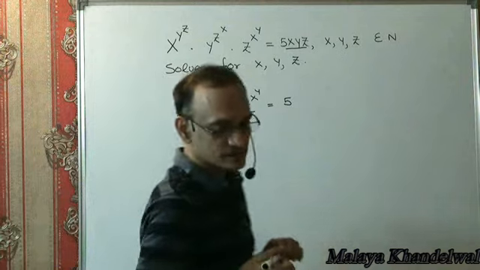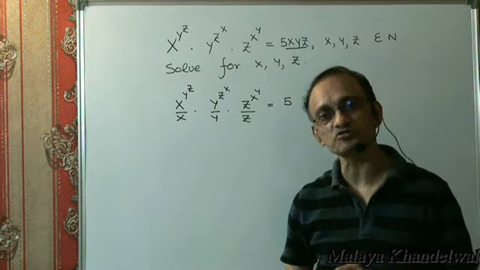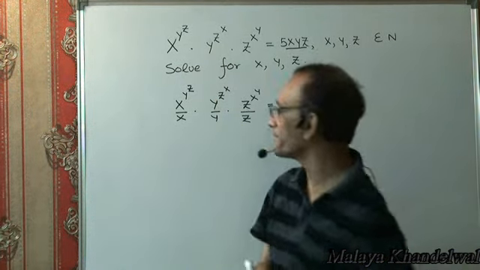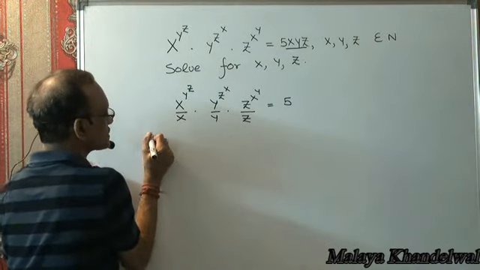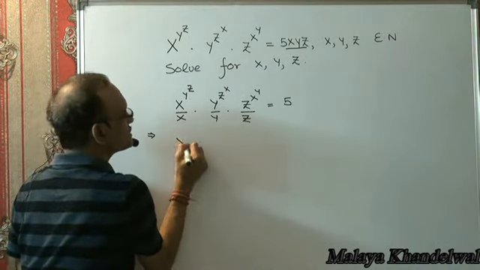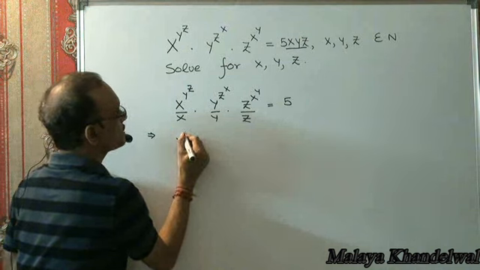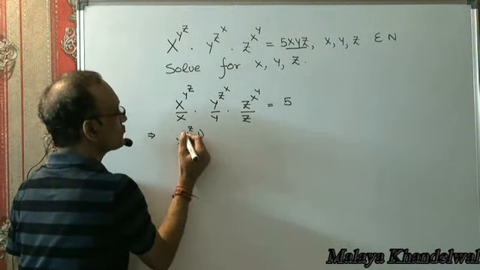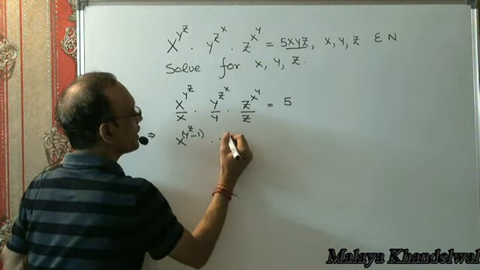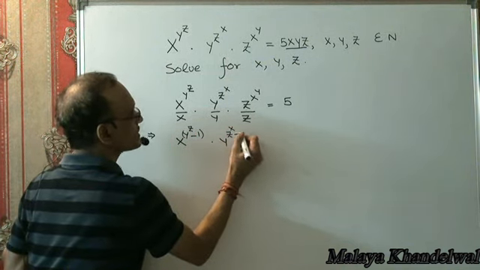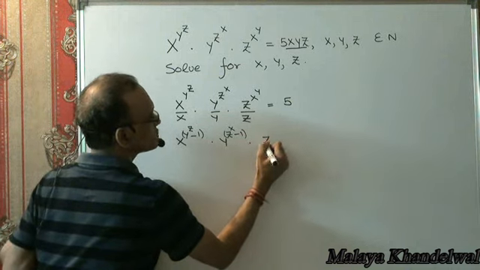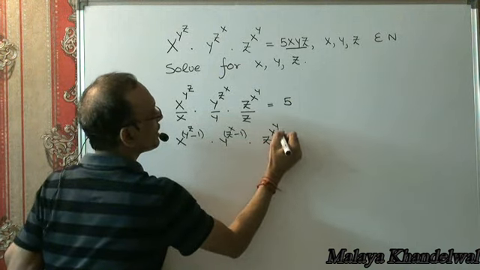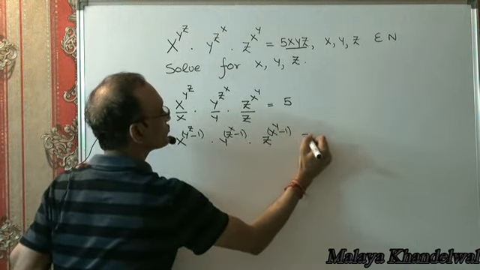Let me do a little more mundane manipulation. X power y power z minus 1, laws of indices, into y power z power x minus 1, into z power x power y minus 1, equal to 5.